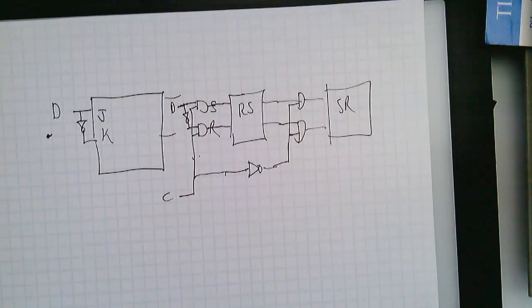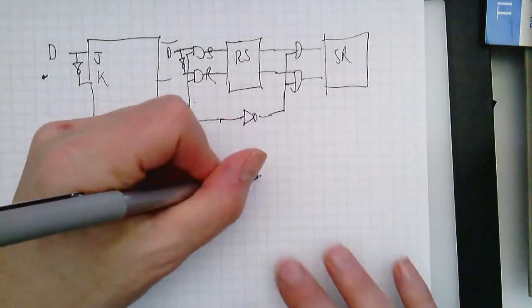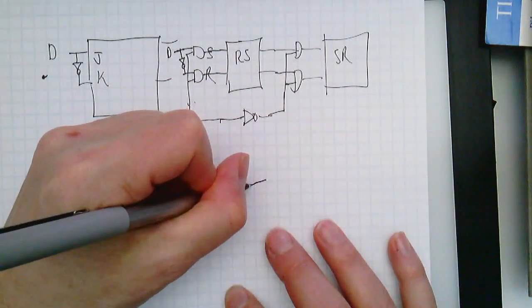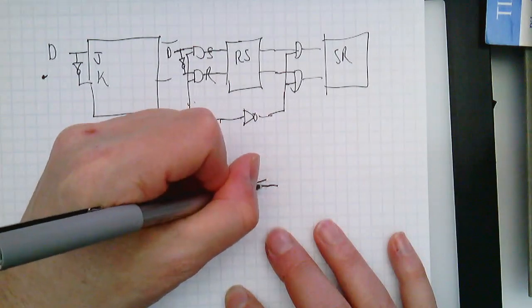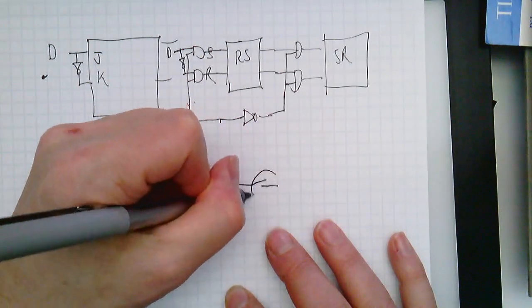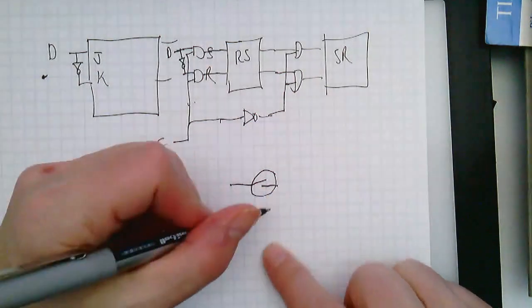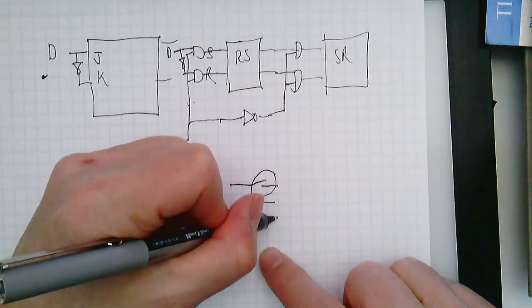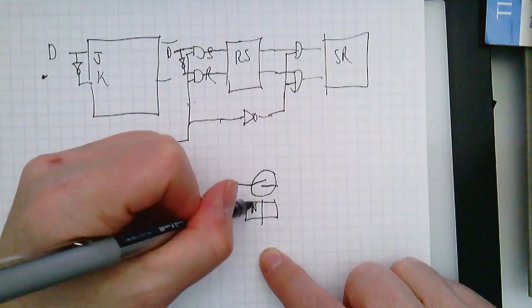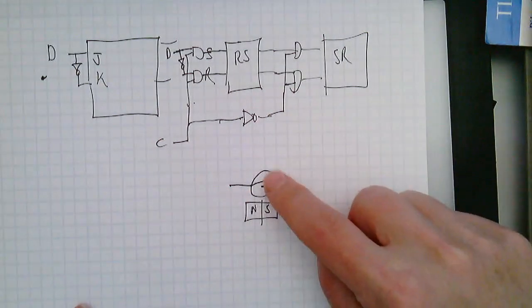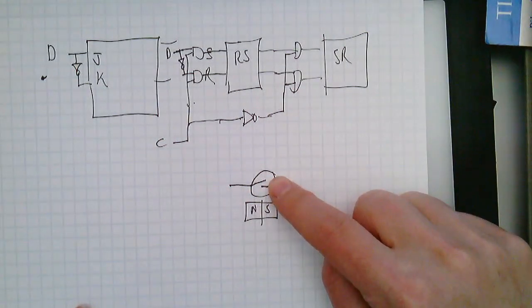So a read switch uses a magnet to close the switch, but the magnet doesn't have to be in contact with the switch. So what you do is you fill up a glass envelope with an inert gas, and then you bring a magnet in close proximity to the north and south poles. It'll get the switch to close, and that works in, let's say, an explosive environment.